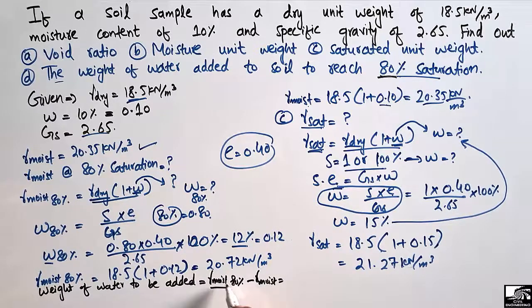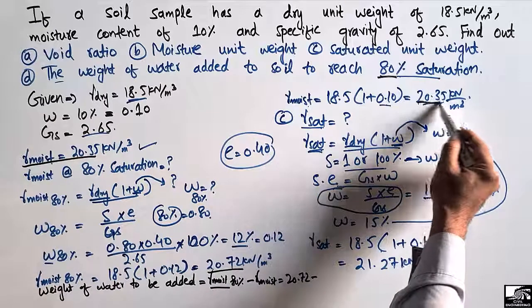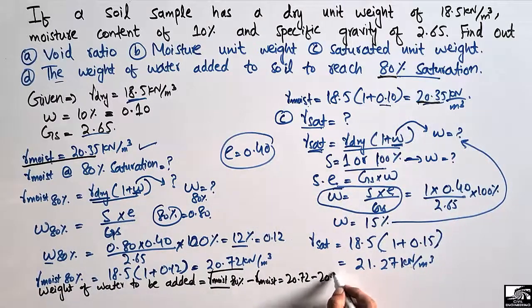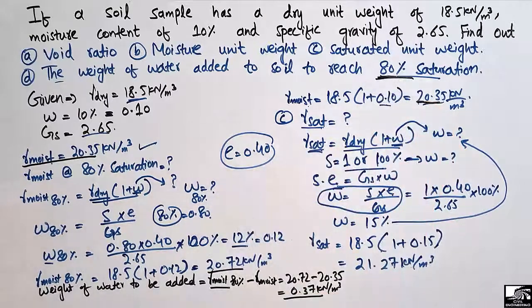So gamma moisture at 80% is 20.72 minus gamma moisture, which is 20.35, which we found out before. This comes out to be 0.37 kilonewton per cubic meter. So this is the weight of water that should be added, in the unit of kilonewton per cubic meter, in order to achieve 80% saturation in the soil sample.